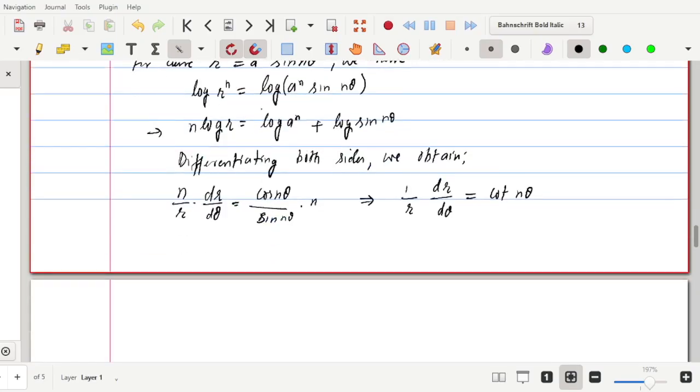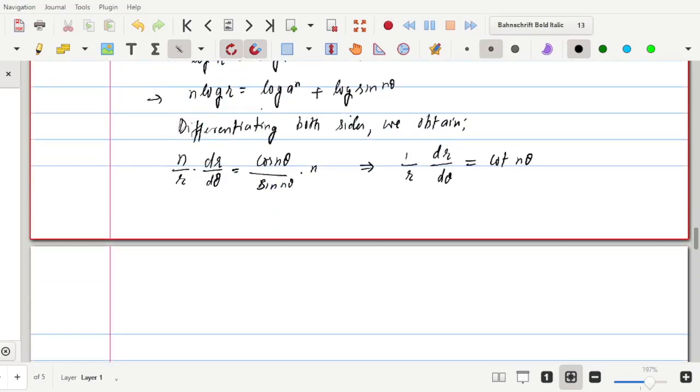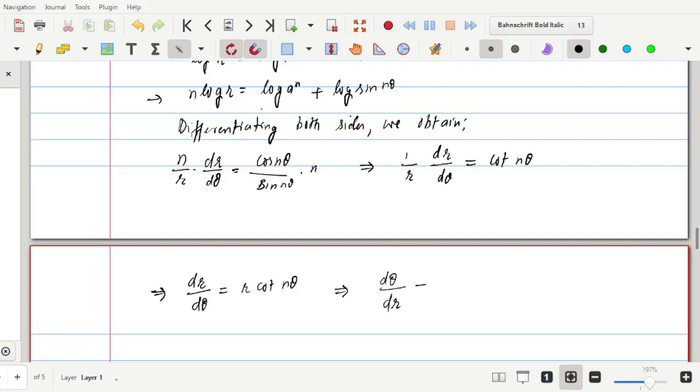But we need to evaluate r d theta by dr. So we can first write dr by d theta is equal to r into cot n theta. So this implies, taking the reciprocal on both sides, d theta by dr is 1 divided by r cot n theta.